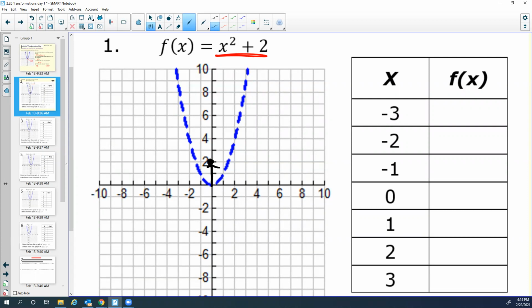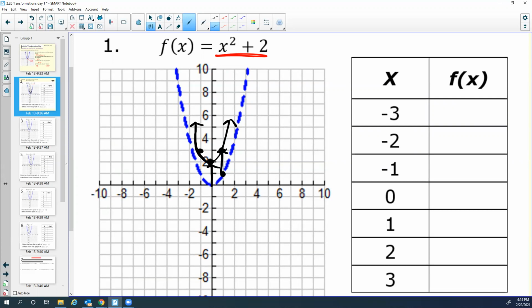So there I have a coordinate at 0, 2. I had another coordinate right here at 1, 1. If I go up 2, there's where my new coordinate is. I also will have a coordinate here because with a quadratic, it's the same distance on the axis of symmetry on the left side as it is on the right side. And that right there is about what this is going to look like.